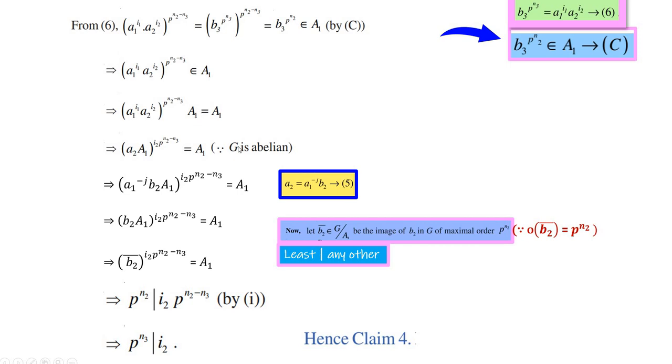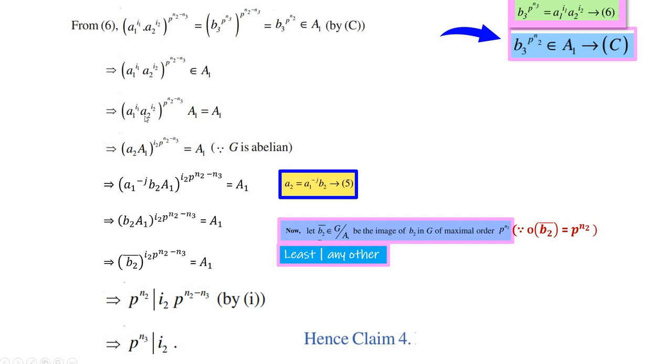So we have this, and a1 is absorbed by capital A1. So you are left with only this. And actually you can take this one inside and then absorb it with this, and then you will be left with a2 raised to I2 p^(n2 minus n3) a1, and because A1 is normal, this one will go again out, all that we have.